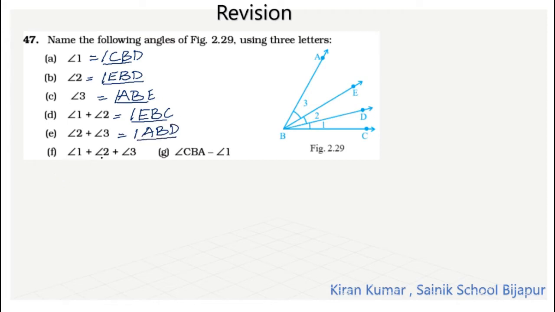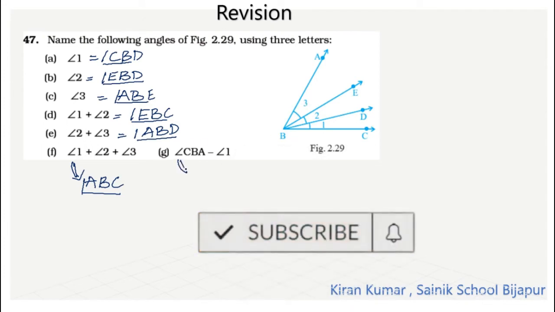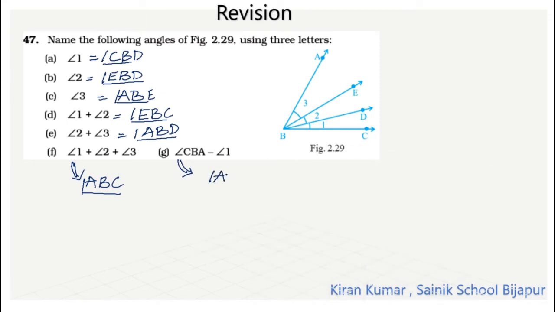Angle 1 added to angle 2 added to angle 3, we get angle ABC, angle CBA. Angle CBA minus angle 1 will be the sum of angle 2 plus angle 3. This will be the remaining angle. So this will be the same as angle ABD.